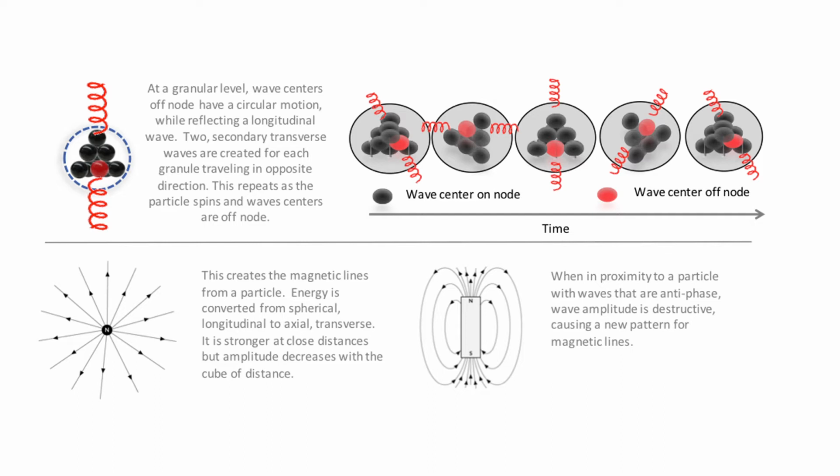In this configuration, at least one wave center is always off node and it will position to be on the node. The ball in red color you all can see. Once it reaches the node, it forces another wave center off node, and this constant repositioning causes the spin of the electron, hence creates a transverse wave.